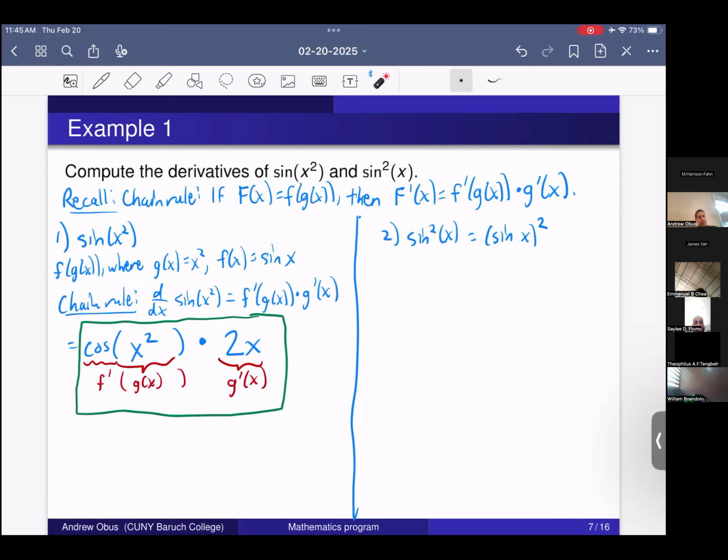We'll go ahead and do the second example, but before we do that, do we have any questions about how this first example works?